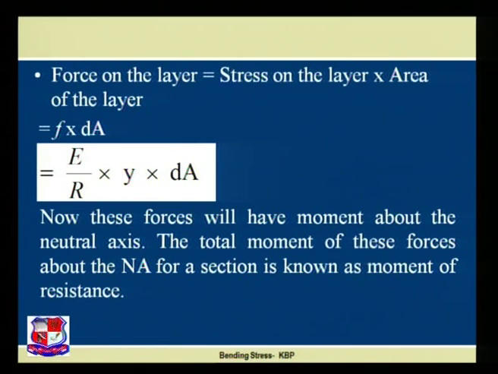This is the equation of a force, so our intention is to find the moment acting at that particular layer. Then the total moment of these forces for a full section is known as the moment of resistance of a particular section.